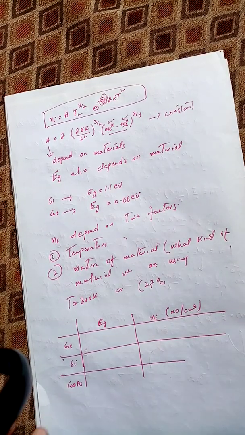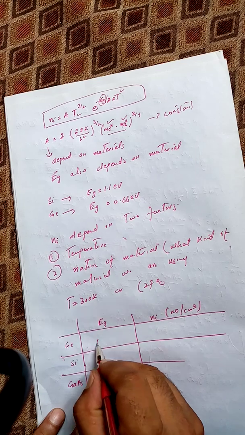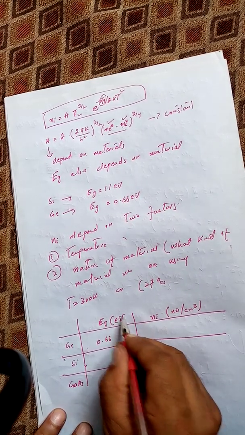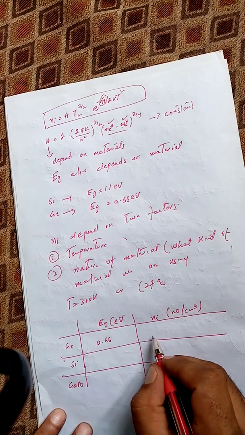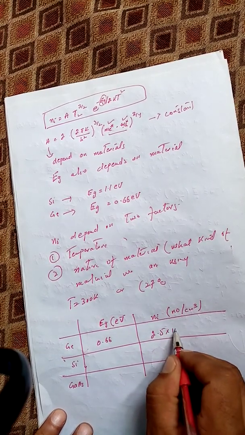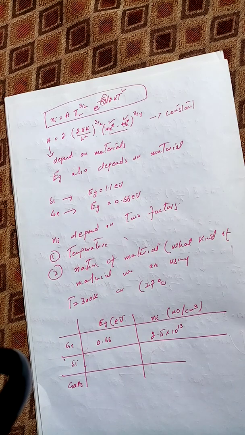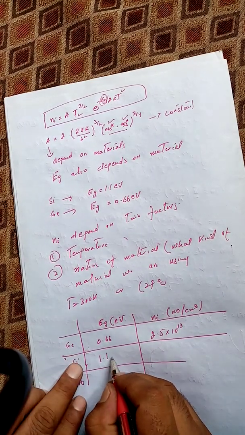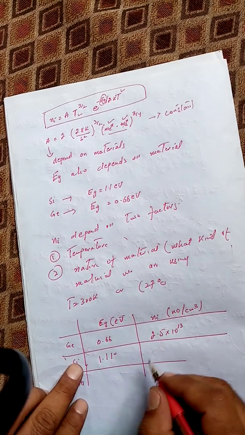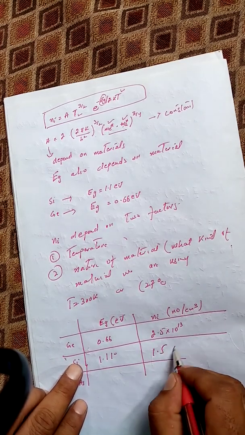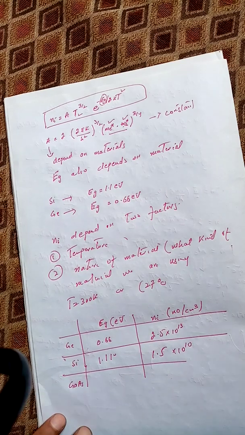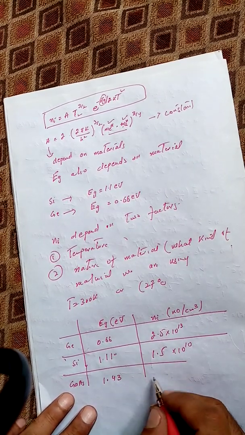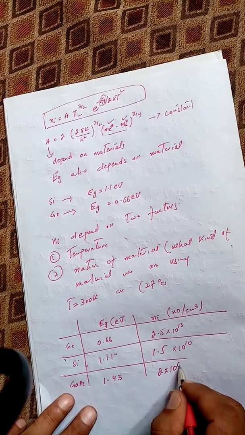Germanium has energy gap 0.66 electron volt, and the carrier concentration is 2.5 × 10^13 per cm³. The energy gap of silicon is 1.11 electron volt, and the carrier concentration is 1.5 × 10^10 per cm³. For gallium arsenide the gap is 1.43 and the carrier concentration is 2 × 10^6 per cm³.